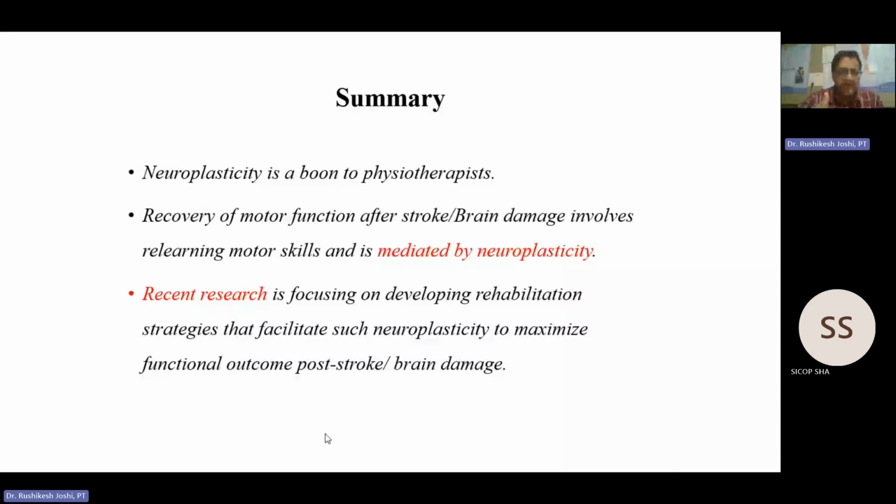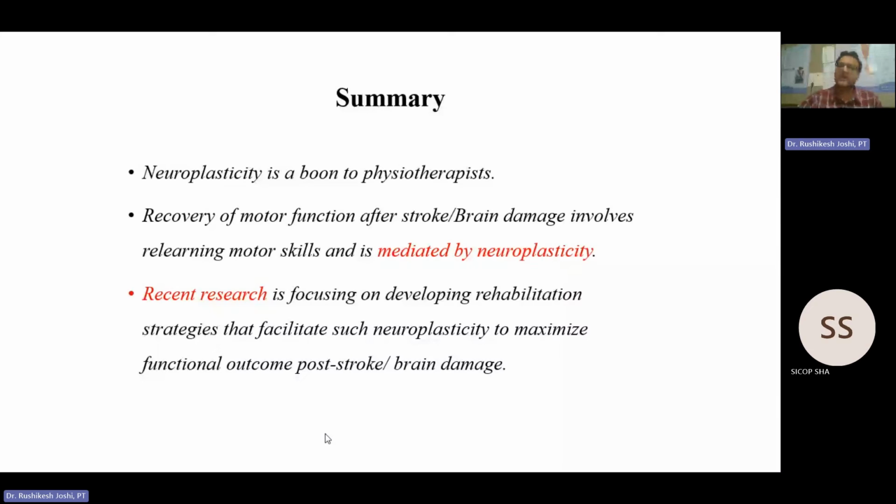We physiotherapists work very hard to regain the movement, but neuroplasticity is a boon to us. Due to neuroplasticity only, we are able to achieve the movement, since the brain has a natural ability to reform itself, to mold itself and modify the neuronal networks. So we are able to achieve the motor function, which is mediated by neuroplasticity.